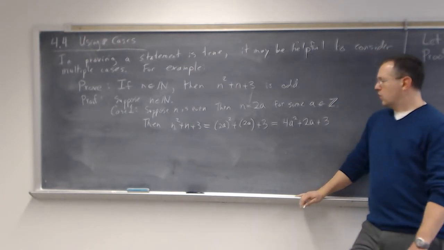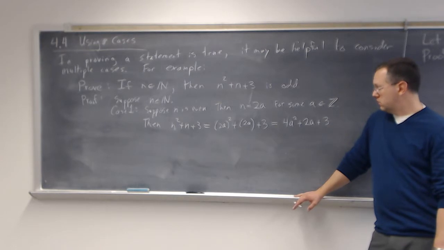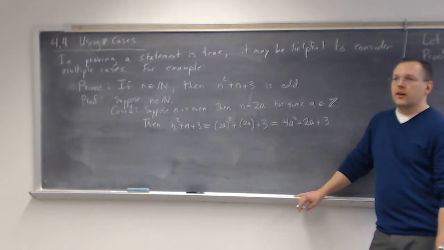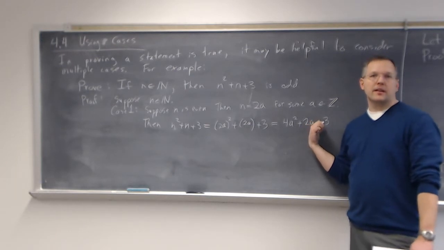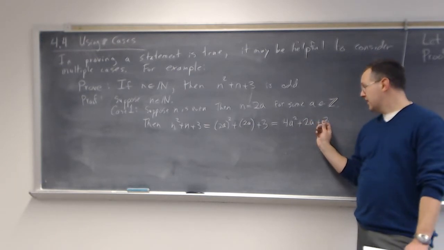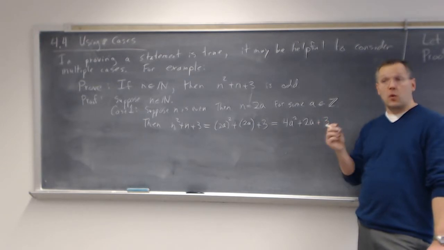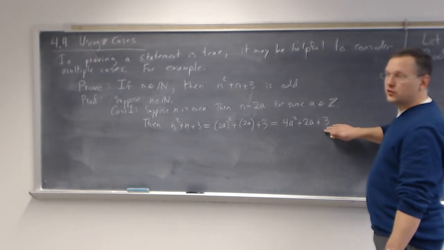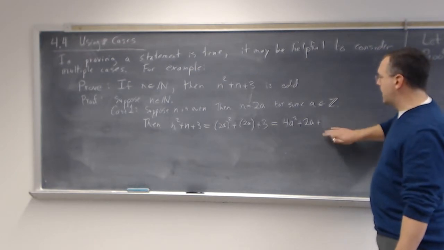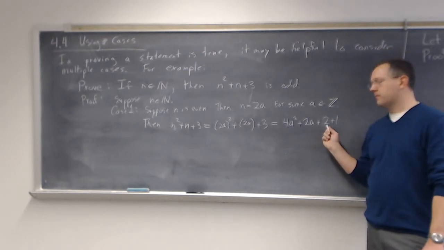But how can I make this look like our definition of an odd integer? Clearly 3 is odd, but to really fit the definition, I'm going to have to break up that 3 into a 2 plus 1. So I really need a plus 1 for our definition. And you might even do that in this step.